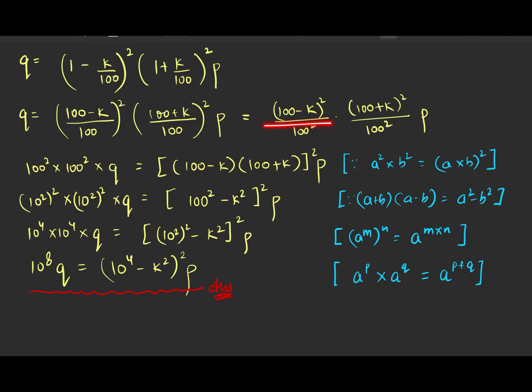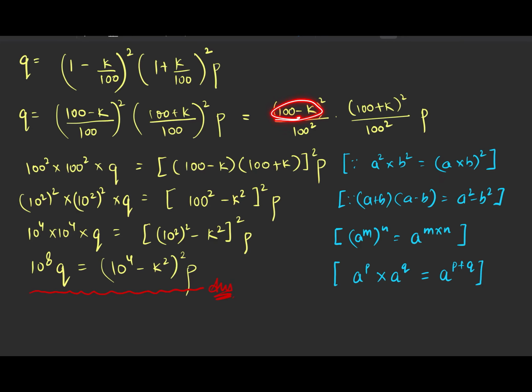Just splitting here. So this is 100 square in the denominator, (100 minus k) square, (100 plus k) square in the numerator. We take both these denominators to the left hand side and it will become multiplication. On the right hand side, we will use the exponents and power property, that a square into b square is equal to (a into b) whole square.